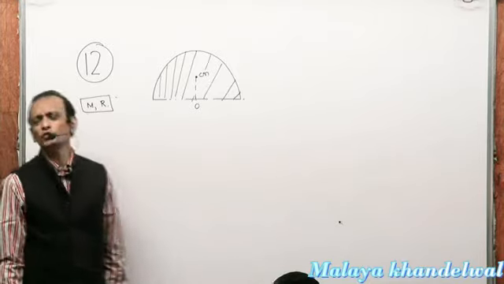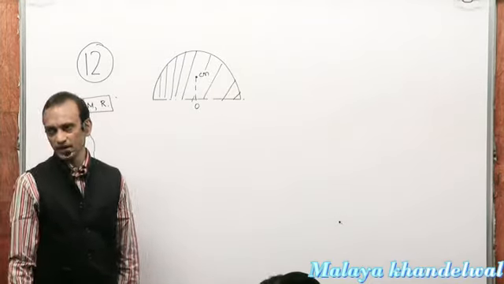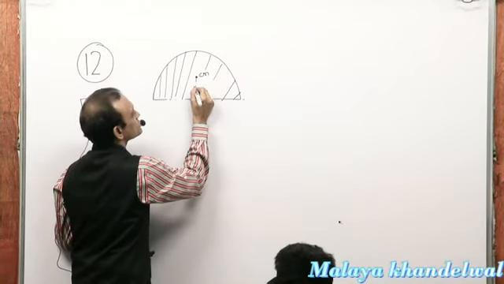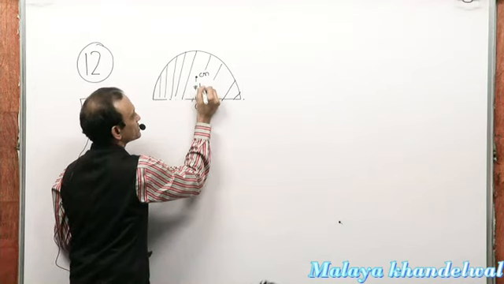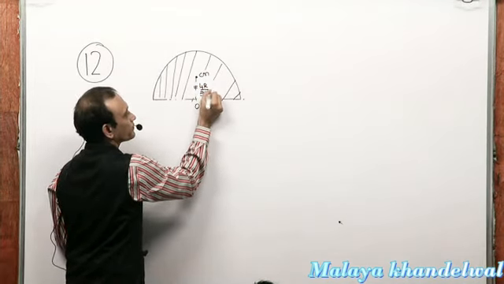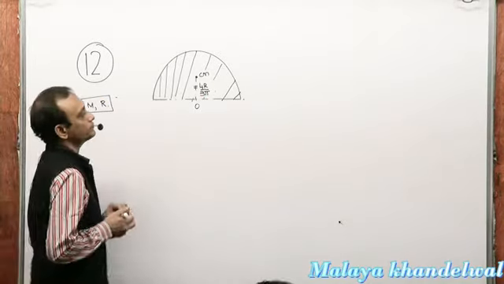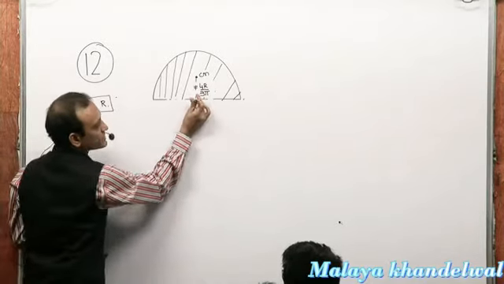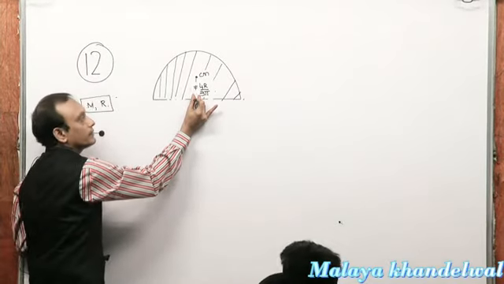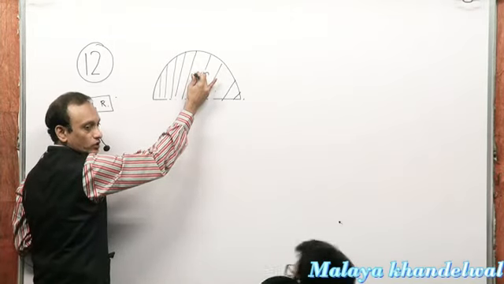First of all, do I know the distance of the center of mass from O? It is 4r by 3 pi for a uniform semicircular disc. Very clearly, this axis passes through O perpendicular to the plane, and this is another axis passing through the center of mass and perpendicular to the plane.